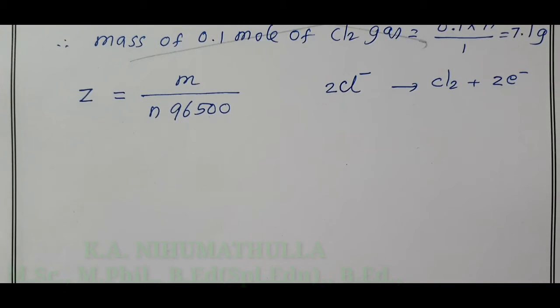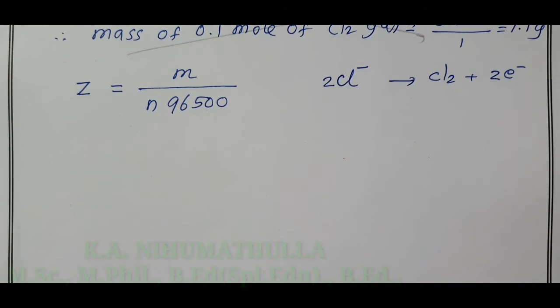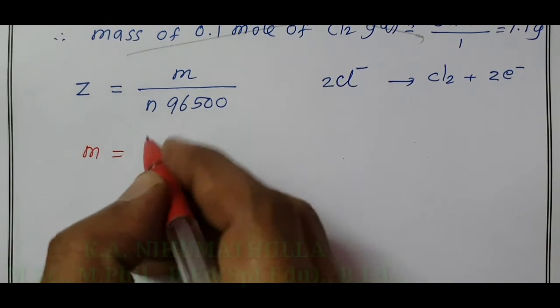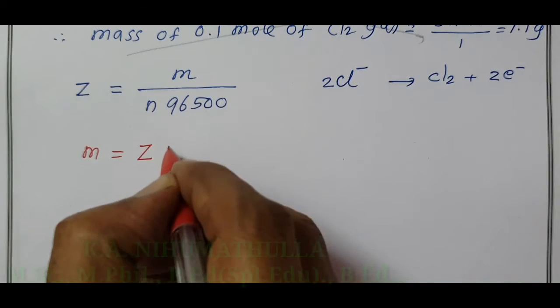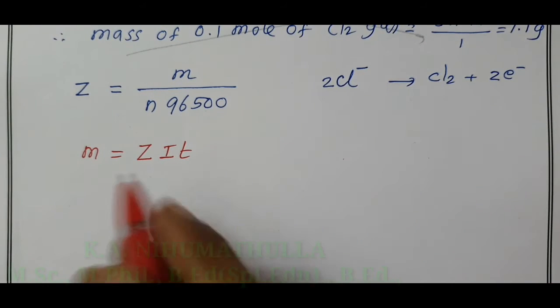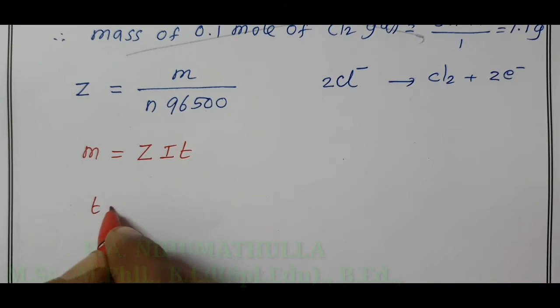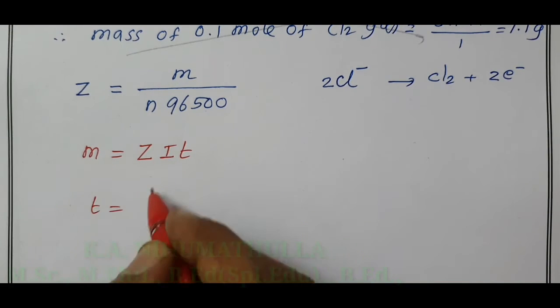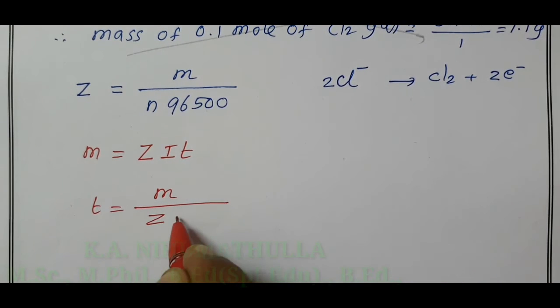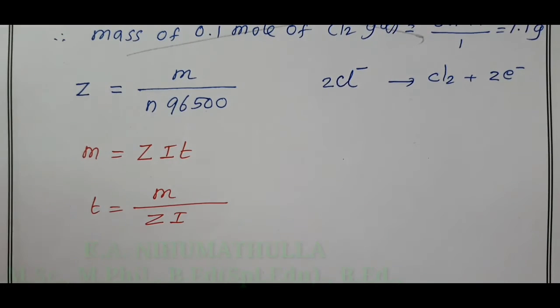Using this, now I am going to write Faraday's first law relation: M equal to Z into I into t. Using this, we can calculate time equal to, bringing these two quantities to the left hand side, M divided by Z into I. Substitute all the values.